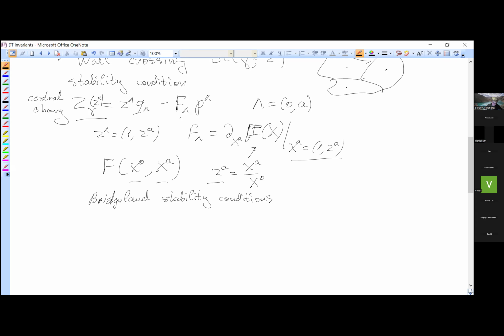So to each class of, well, let's talk about sheaves or complexes, you can associate an element of the lattice. This lattice carries an integer bilinear form. So the central charge is a homomorphism from this lattice to complex numbers. All right, so I'm not even sure that you can write down the formula for the central charge.